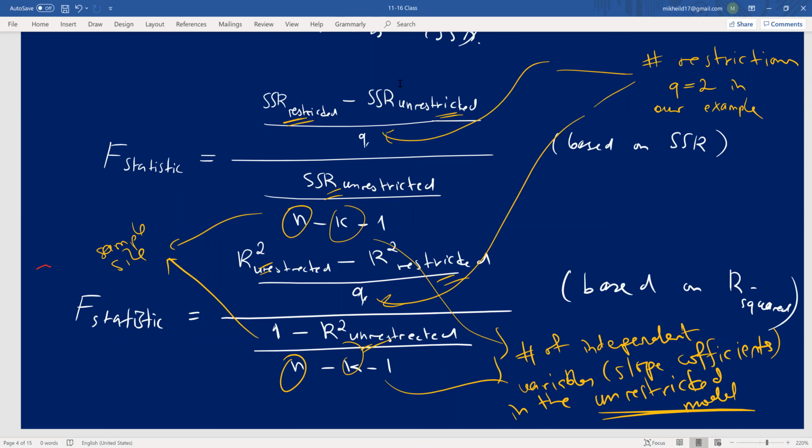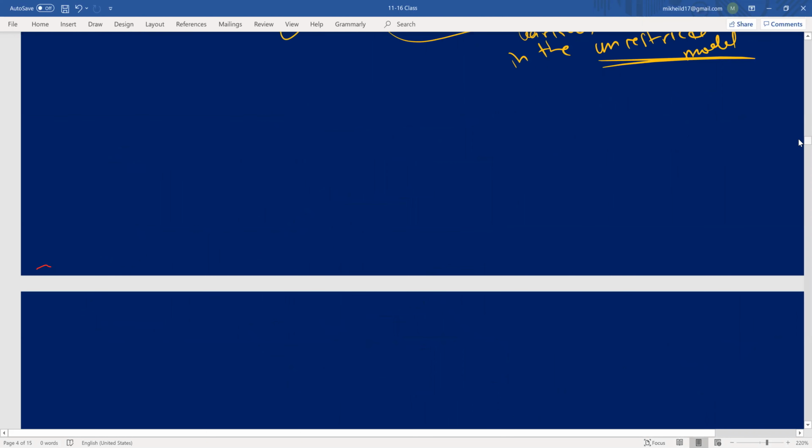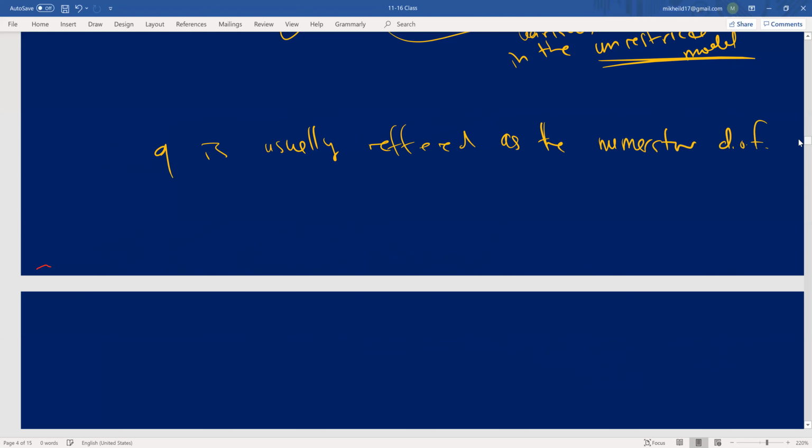So guys, Q is usually referred to as the numerator degrees of freedom, and n minus k minus 1 is usually referred to as the denominator degrees of freedom.